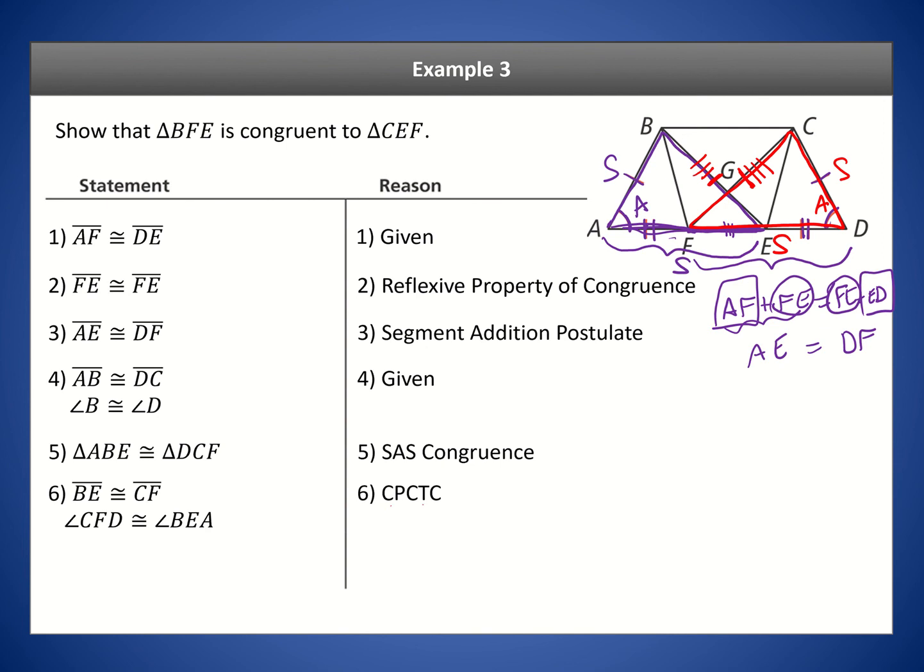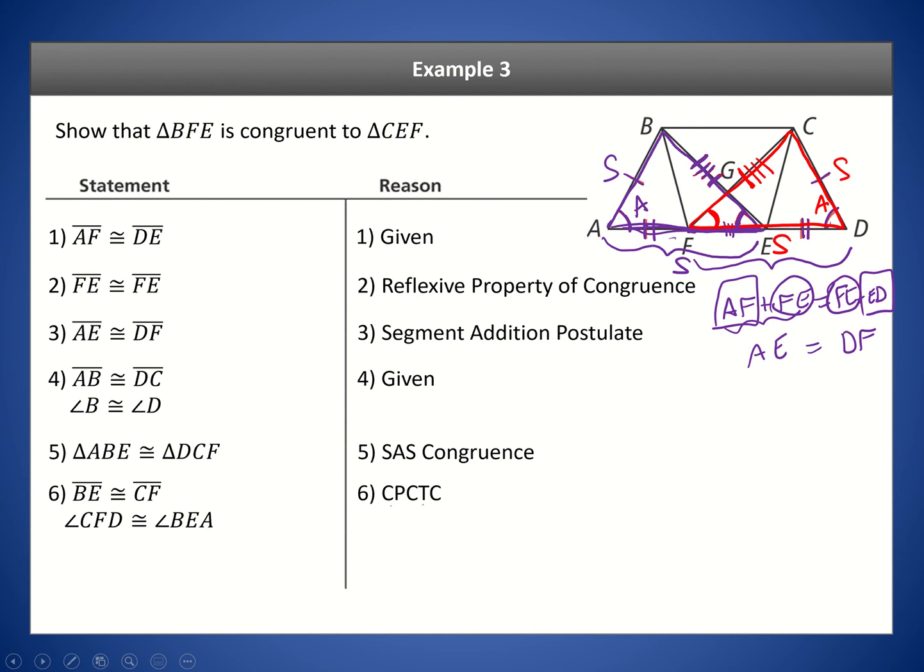So that's the CPCTC. We also know that angle CFD, this angle, is congruent to BEA, which is this angle. And similarly, this angle corresponds to this purple triangle, and this red angle is for the red triangle. And we know that those two angles are congruent because they correspond to each other for the congruent triangles. And let me do this in purple to demonstrate that.